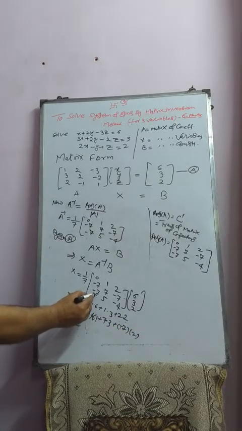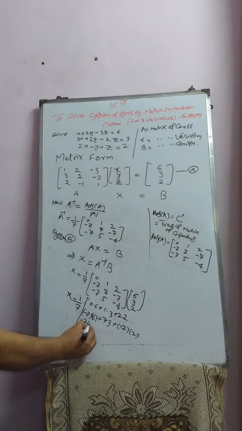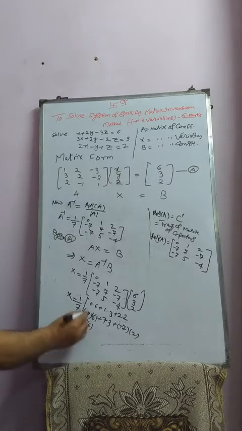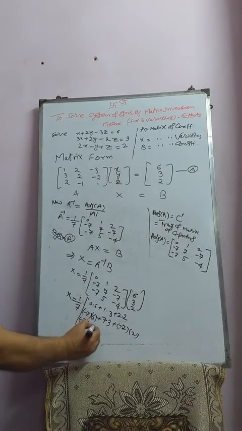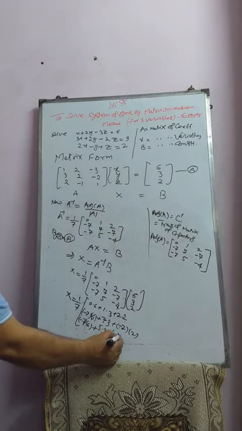Third one, minus 7 into 6, plus 5 into 3, plus minus 4 into 2.